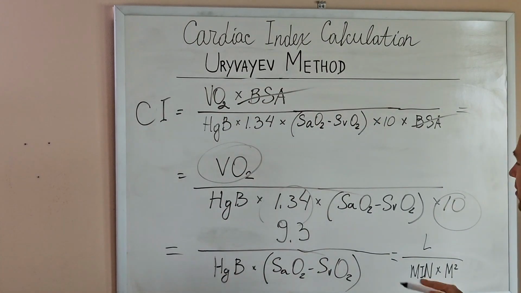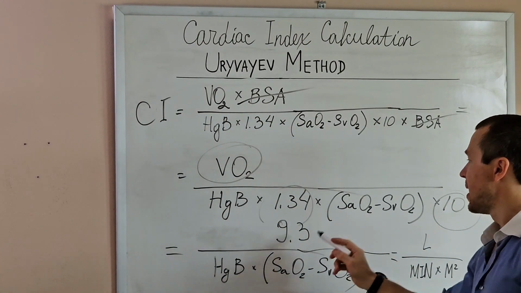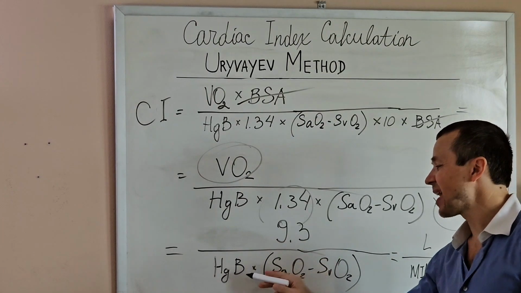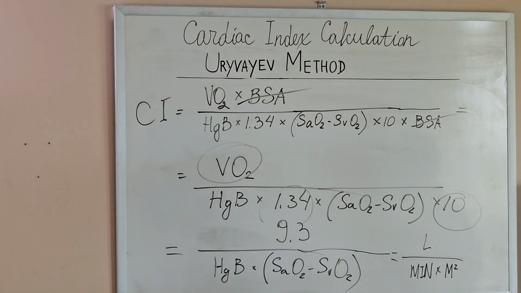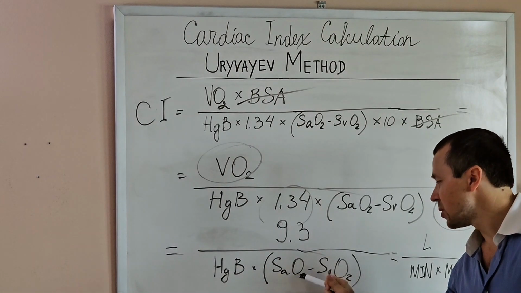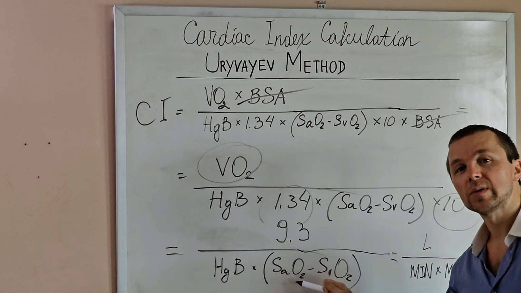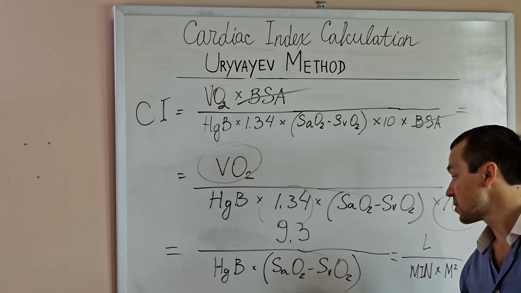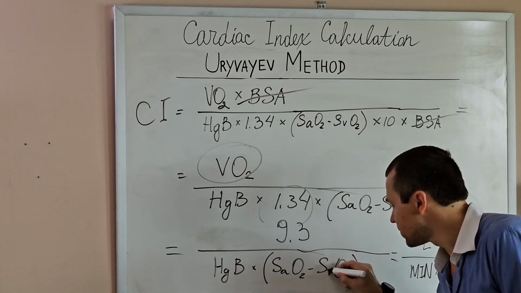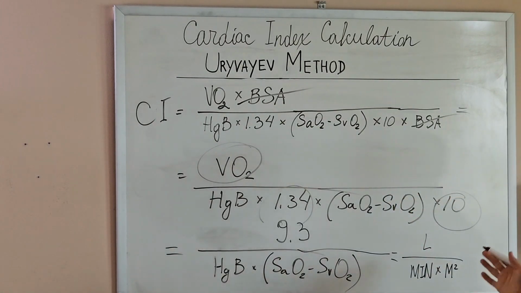Okay, so that's our formula: 9.3 divided by your hemoglobin in grams per deciliter, which is the standard dimension that we use in American labs. And you will use decimal form for the saturation values. Okay, so what about an older person?